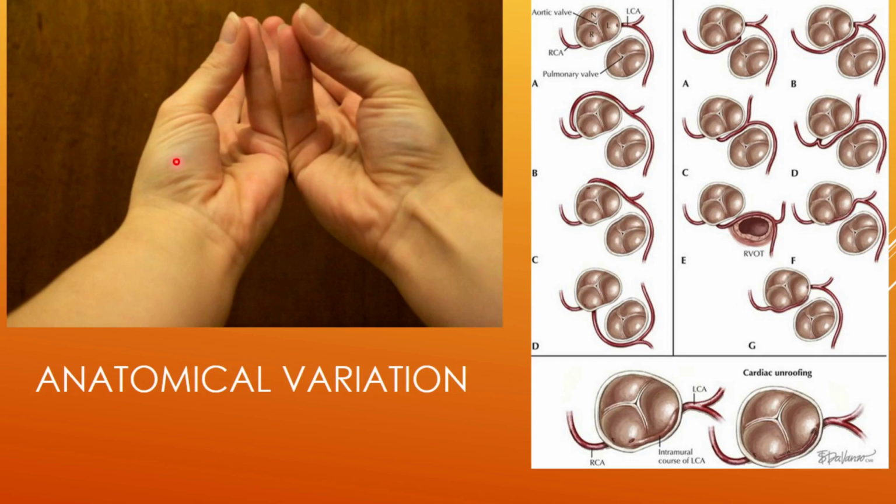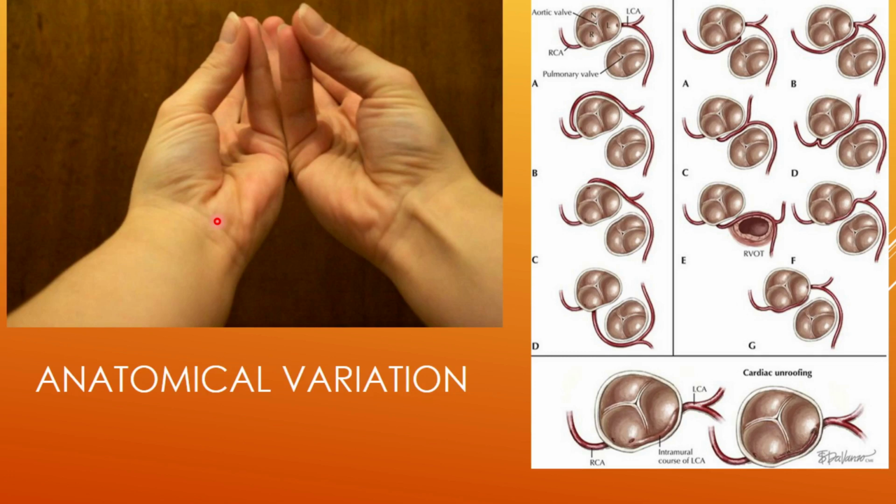If we look at the left wrist, we don't see a palmaris longus. So this person has a muscle and a tendon on the right side of their body, but not on the left side. That's anatomical variation within an individual. So their two upper limbs are slightly different from one another.